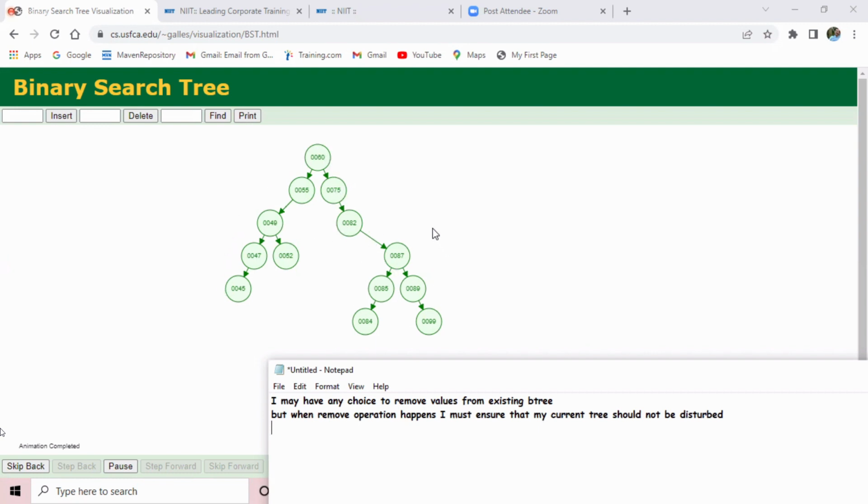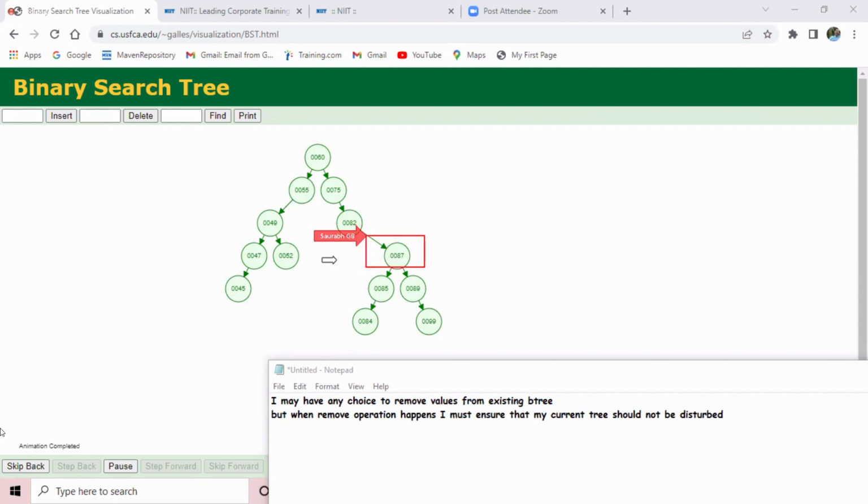And if I am going to remove this, try to understand what I am saying. I am trying to delete this particular node. If I delete this node, there should not be any disturbance for this; they should be intact inside the tree. This connection should not be disconnected. Rather, the critical word I should use in terms of binary tree: the communication between the nodes is known as an edge.